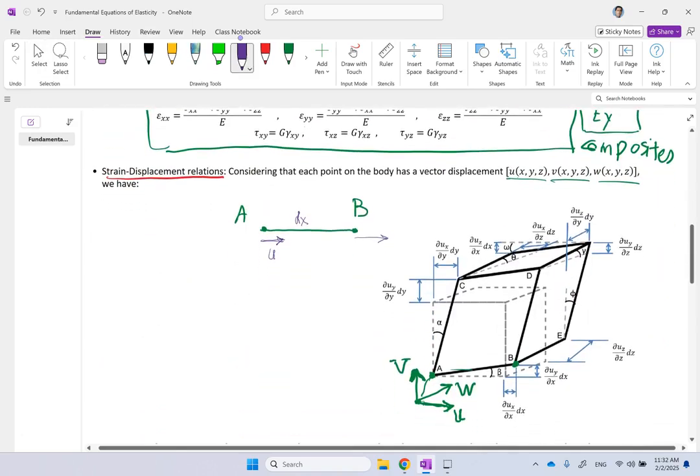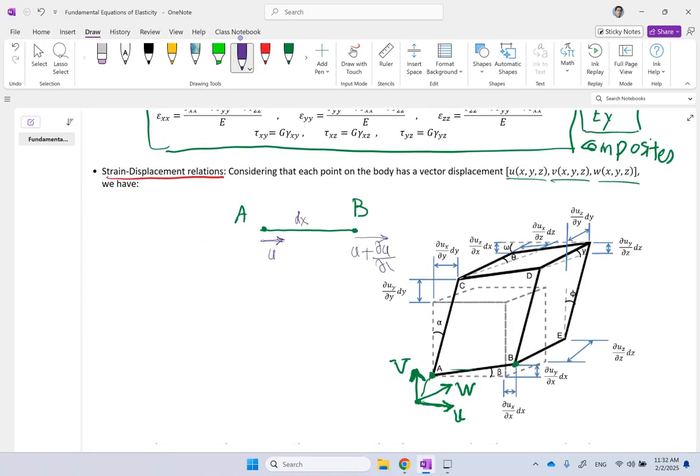So if this point is u, this point will move as u plus partial of u with respect to x times dx. We add the first term of the Taylor expansion. This is how much this point moves. Similarly, if this point in the y direction moves by v, this point here is going to move by v plus, well, the only difference between these two is dx, so it's going to be partial of v with respect to x times dx.